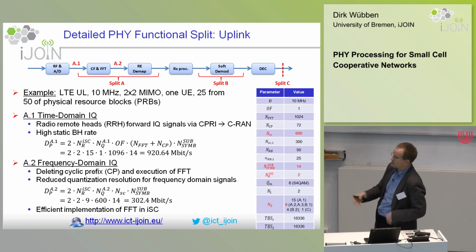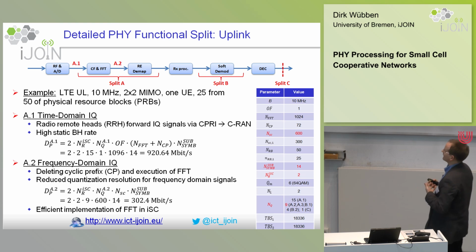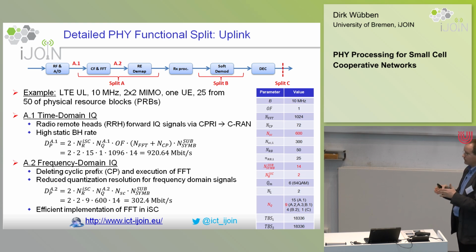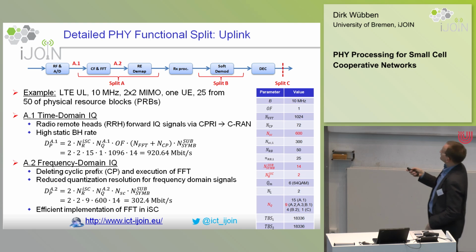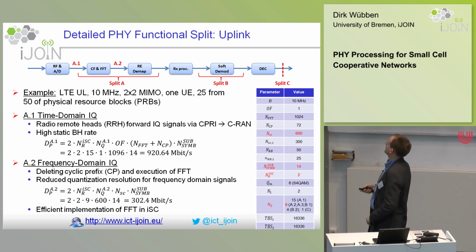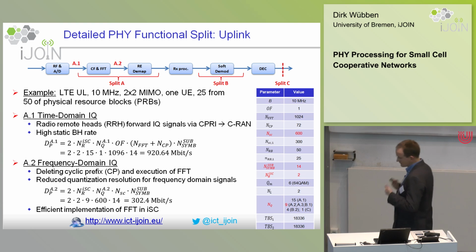And then we are forwarding the overall received signal in time domain, which means that the length for each subframe is given by the FFT size plus the cyclic prefix length. And then the rate depends on how many symbols are transmitted. So which leads for this very simple example to a fixed rate, a static backhaul rate of 920 megabits per second.